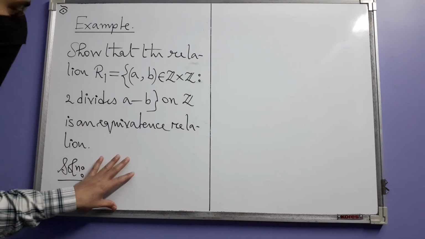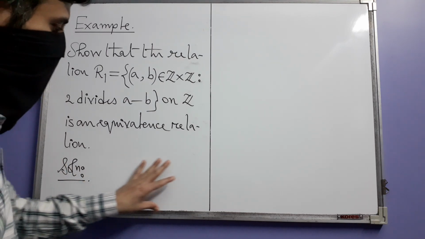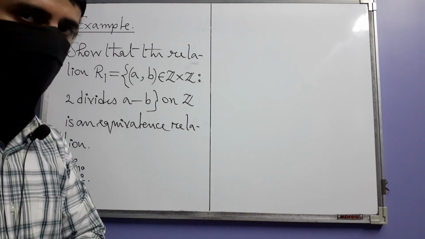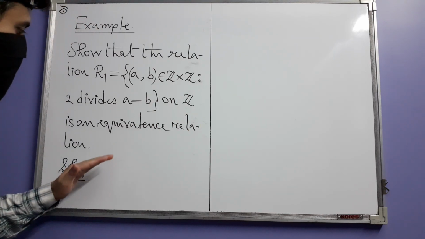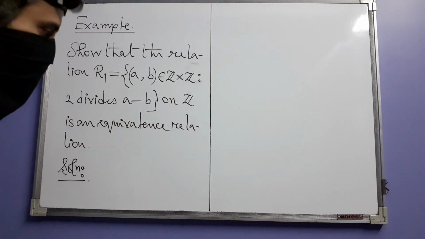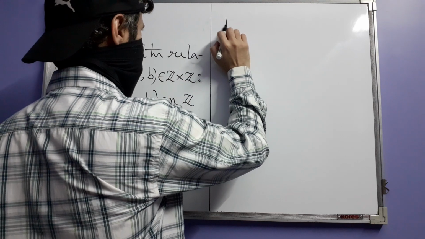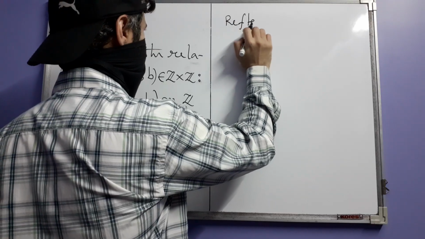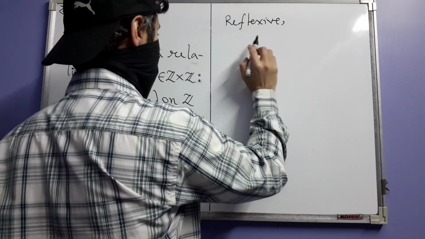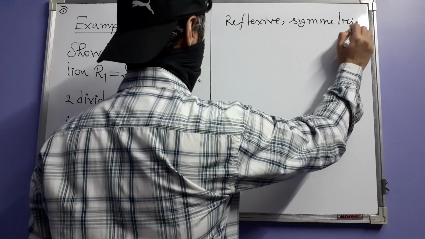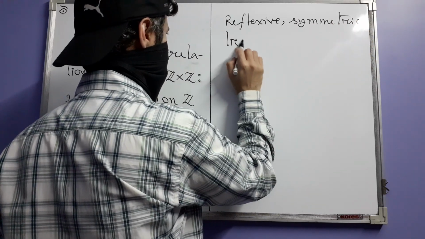Let me just show you the main steps without writing sentences because they are already available in the book. What are the 3 things we need to show? We need to show that the relation is reflexive, symmetric, and transitive.